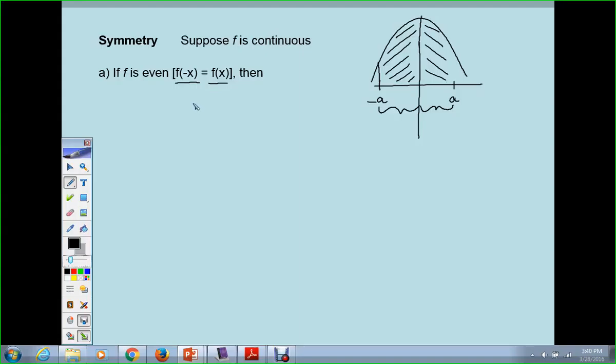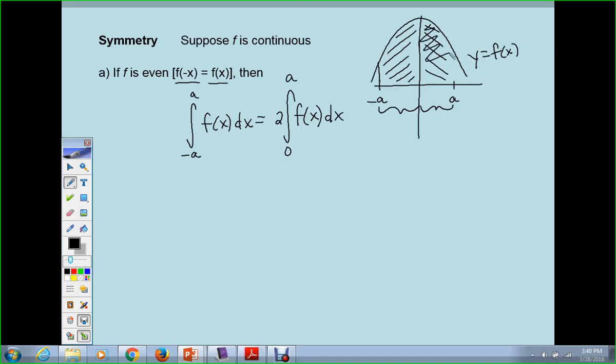So if we wanted to find the area from negative a to a, let's call this y equals f of x. Couldn't we just as well say we're just going to take 2 times the integral from 0 to a of f of x dx? We'll just find the area under the curve here, and since we know it's equivalent to the area under the curve here, we'll just multiply by 2.